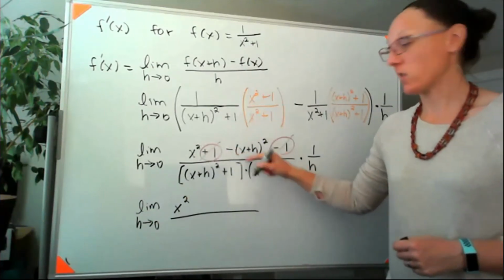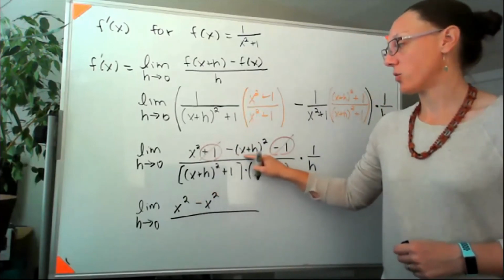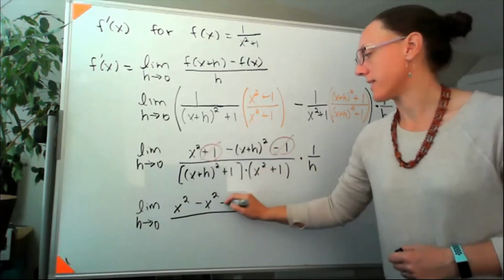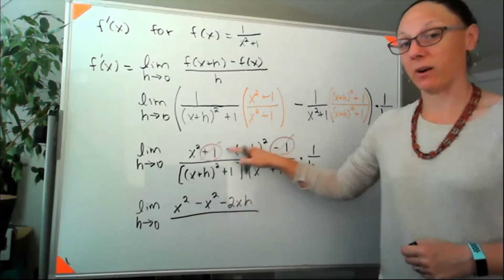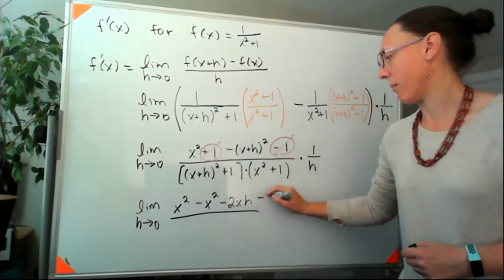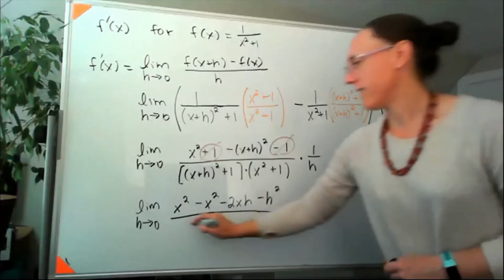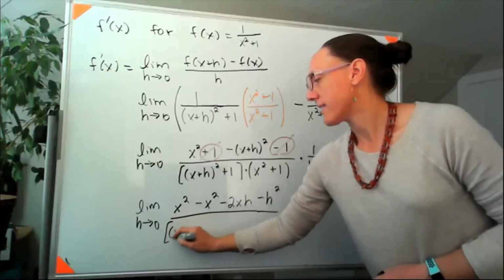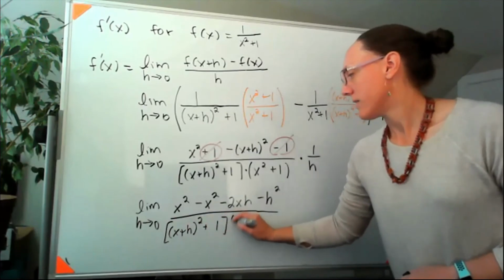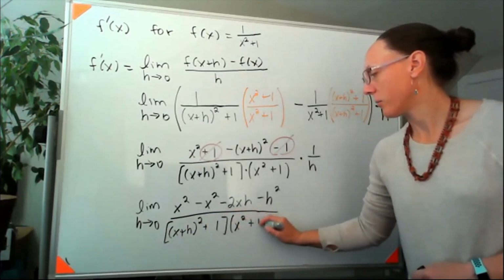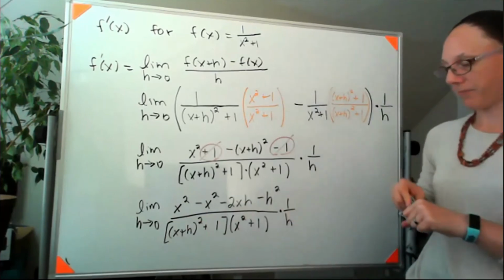So I'd have x squared, which will be minus x squared. I'd have a plus 2xh, but I'll distribute the minus sign and get a minus 2xh. I'd have an h squared, but I'll distribute the minus sign and have a minus h squared. And in the denominator, I still have that whole mess. (x plus h) squared plus 1 times x squared plus 1, and then the whole thing times 1 over h.